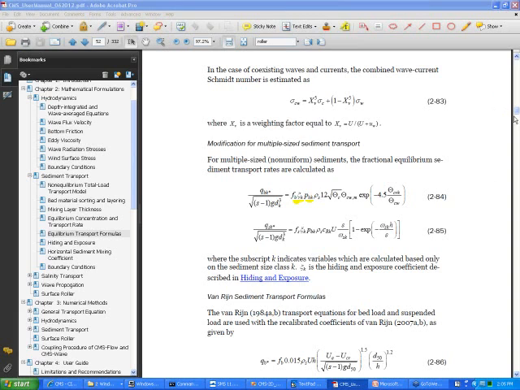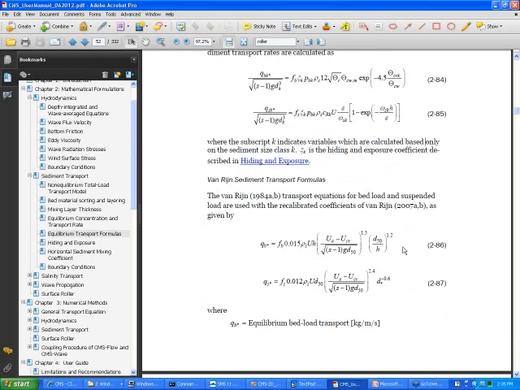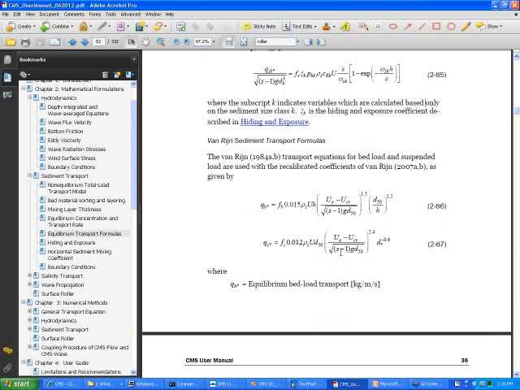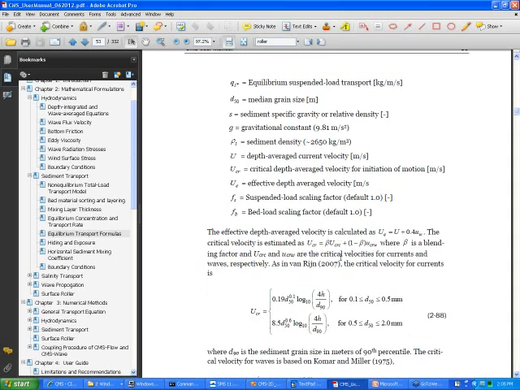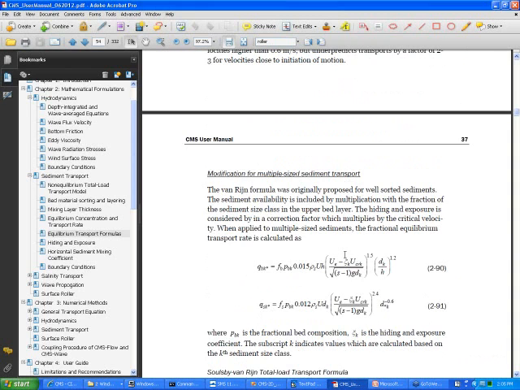Another option for the transport formula is the Van Rijn equations, the simplified equations, the ones that he calls the one-line model. Those are given by equations 2.2-86 and 2-87. Again, they were developed for single-size sediment transport, and we have extended them to multiple-size sediment transport in a similar way to the Lundstrom equations, except the hiding and exposure, in this case, is applied to the critical velocity, which is more appropriate for the form of the equations.